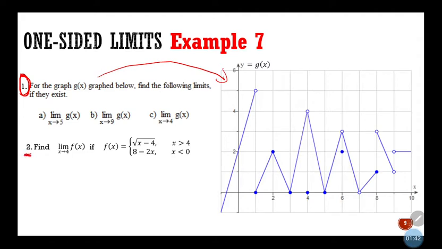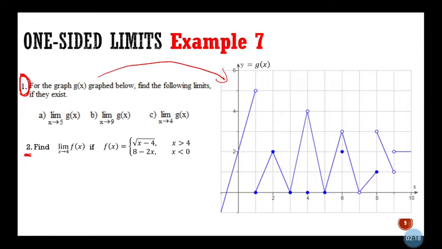So this example number 2: find the limit of f(x) as x approaches 4, where f(x) equals the square root of x minus 4 if x is more than 4, and 8 minus 2x if x is less than 4. Please take note everyone: those who downloaded the notes later on Thursday last week already got the correct version.